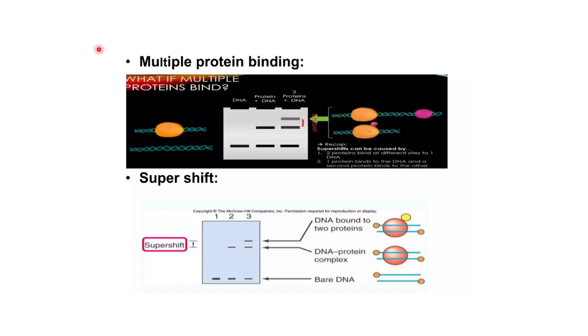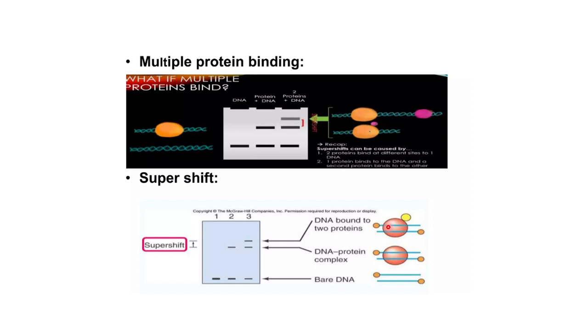And the other thing is the supershift assay, where you can see a shift between these two bands. The shift between these two bands is because some other proteins are coming and binding to our DNA. It's not that only your protein is going to bind to that particular sequence, but there can be numerous proteins that have affinity or specificity towards the particular DNA that you are using.